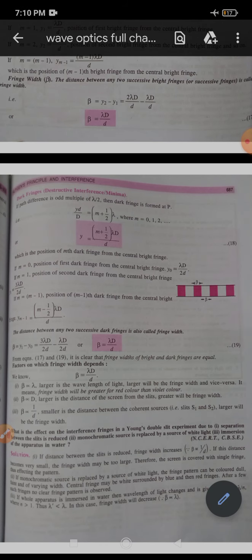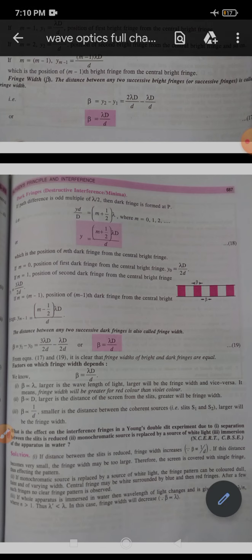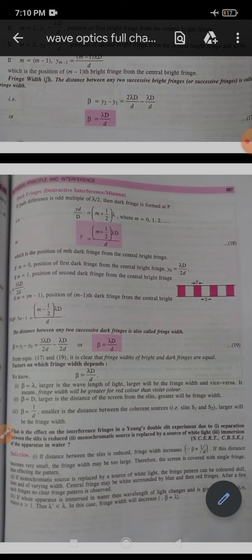Then the dark fringe is obtained at point P. Consider the path difference for point P as Yd divided by D. So that will be (m plus 1 by 2) into lambda. So we can write y is equal to (m plus 1 by 2) lambda D divided by d, which is the position of the mth dark fringe from the central bright fringe.